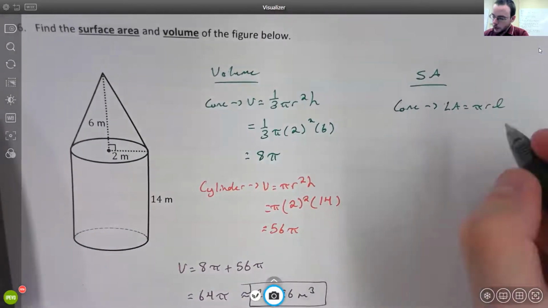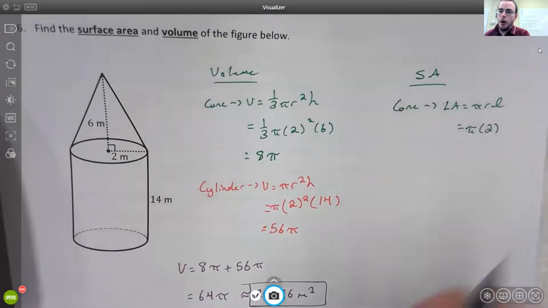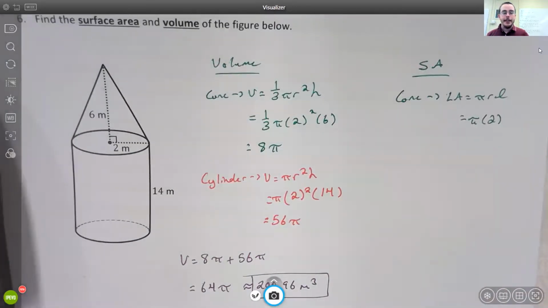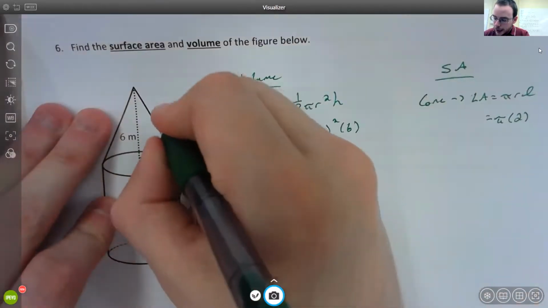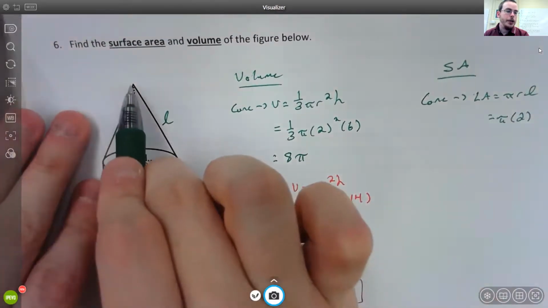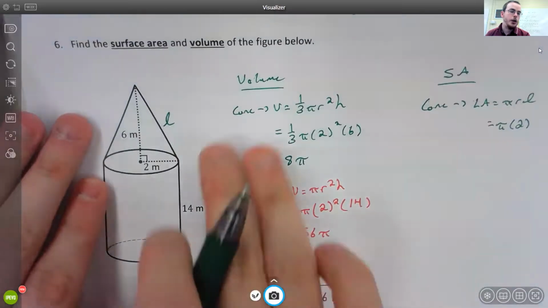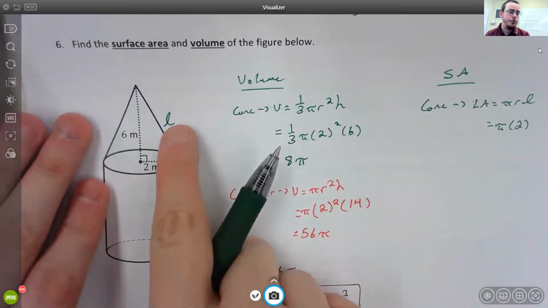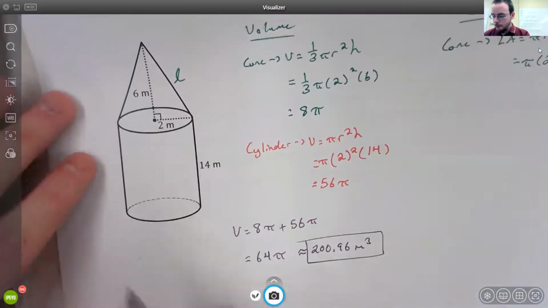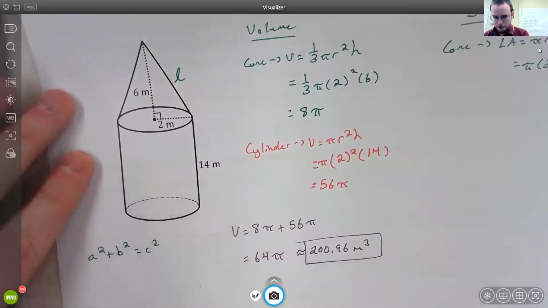So pi RL, we know the radius is 2, but what is the slant length? Well, the slant length would be here, and we don't know that. However, we do know that these two, the height and the radius, form a right triangle, with the hypotenuse being the slant length. So we can use a squared plus b squared equals c squared.